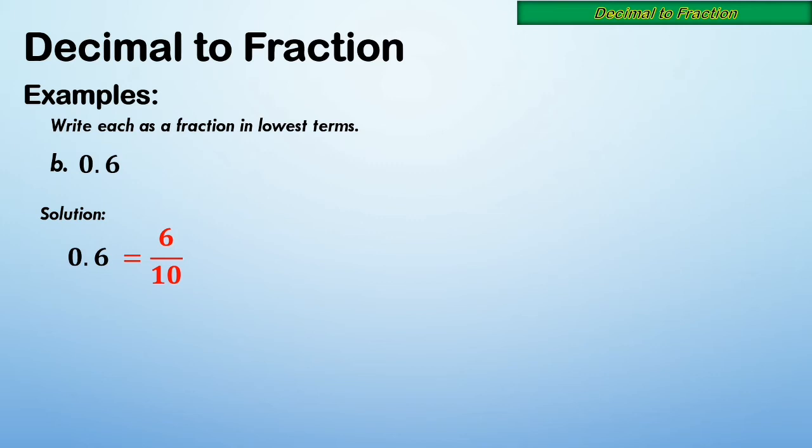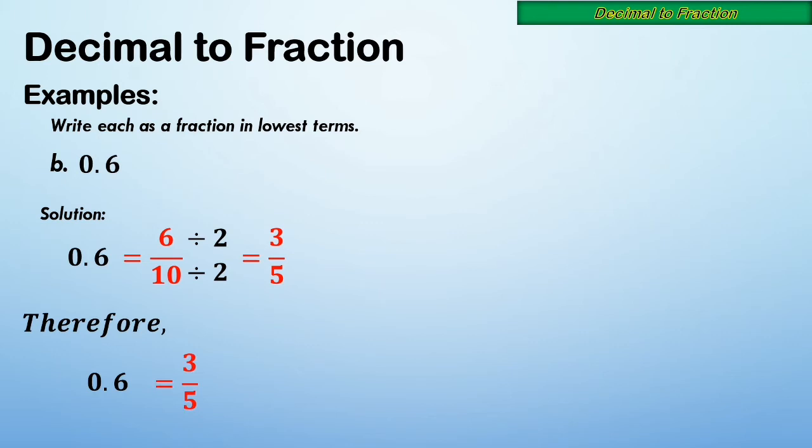Then, ano yung greatest common factor ni 6 at saka ni 10? 2. Very good. That is 2. Therefore, 6 divided by 2 and 10 divided by 2. And that is 3/5. Okay? Therefore, 0.6 is equal to 3/5. Okay, very good in lowest term.